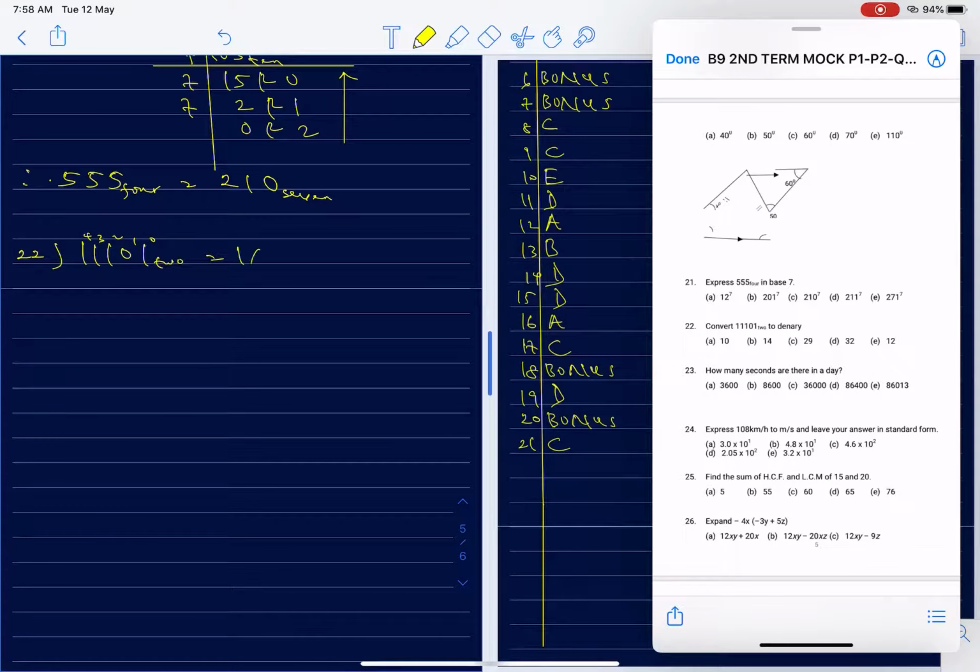So that means 1 times 2 raised to power 4 plus 1 times 2 raised to power 3 plus 1 times 2 raised to power 2 plus 0 times 2 raised to power 1 plus 1 times 2 raised to power 0.